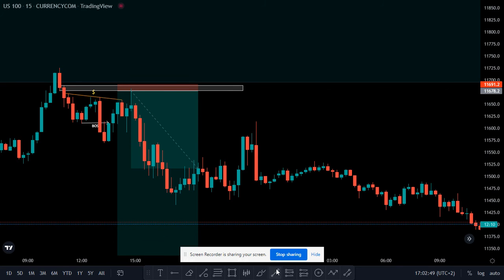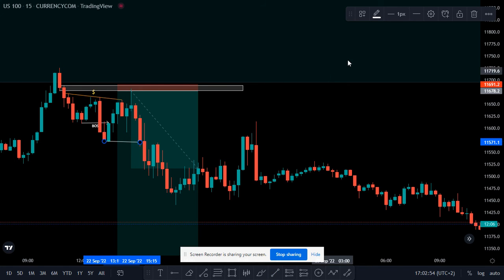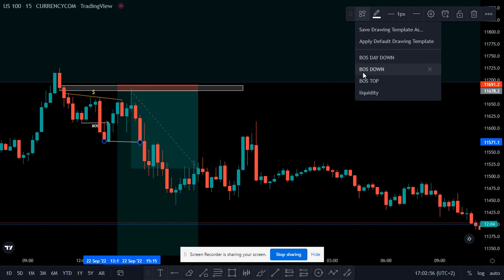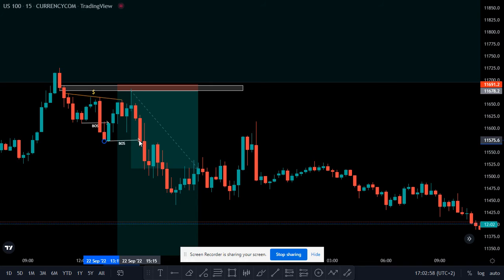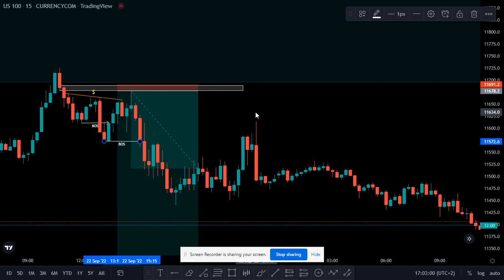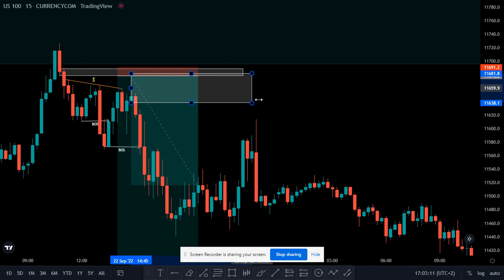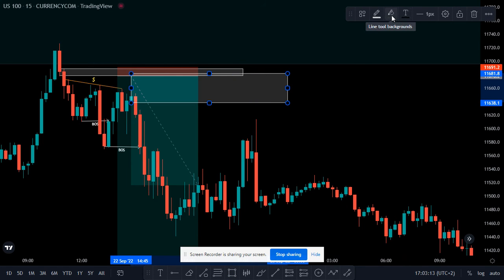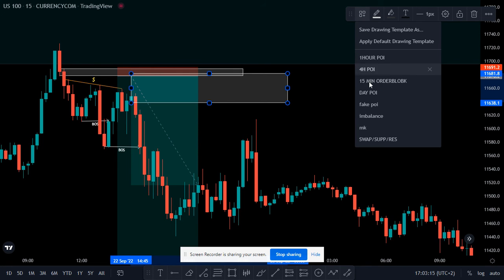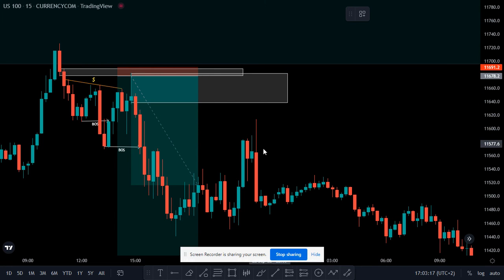Immediately our orders were taken. So here we had a nice break of structure to the downside. After identifying that break of structure, we knew that the market had to pull back and take more orders to continue downward. So we identified this order block as our 15 minutes order block.